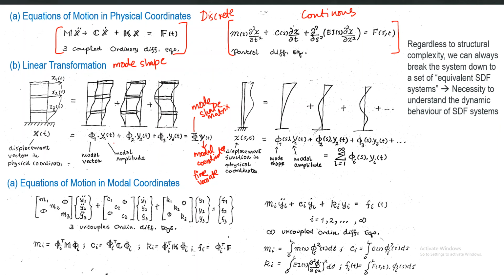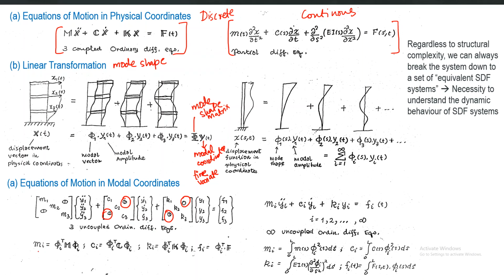The benefit of doing it is that when you write the equation of motion in modal coordinates, the equations are uncoupled. All the off diagonal terms become 0. So now you can pick out one equation at a time, solve it in modal coordinates, and then using the same transformation bring the solution back to the original physical coordinates.